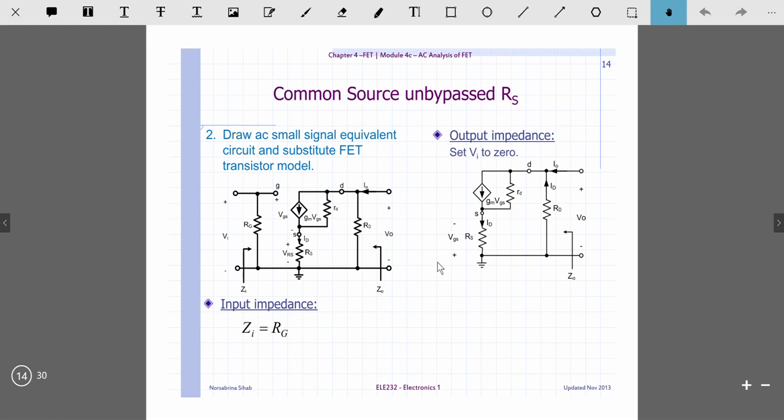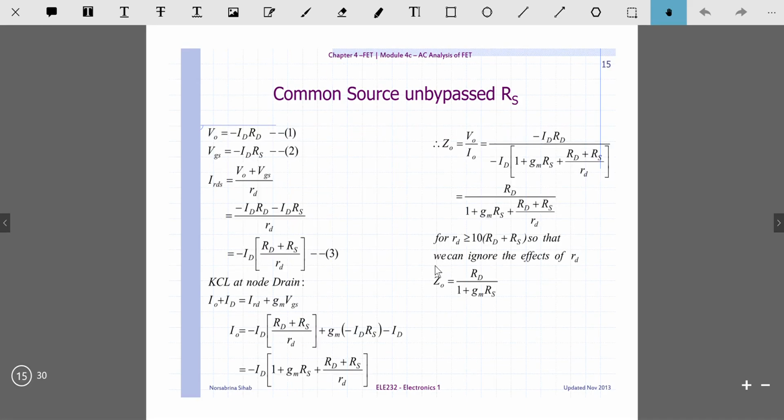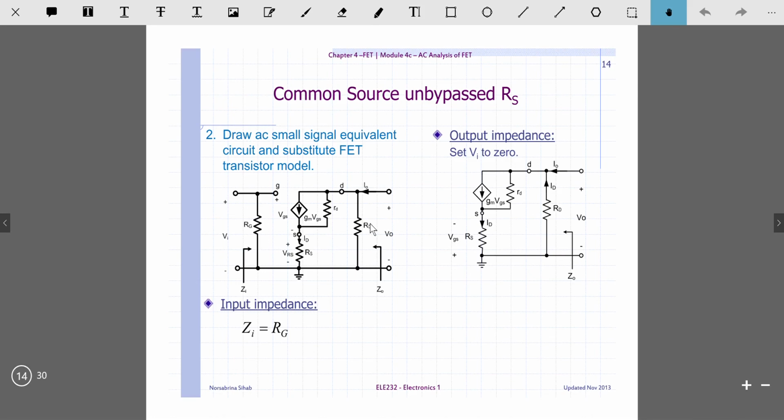Alright, so let us look at the analysis in order to find the output impedance. Firstly, you need to write down the output voltage equation. So Vout equals minus IDRD. That is the first equation over here. As you can see here, the current that flows through RD, capital RD over here, is going upward.